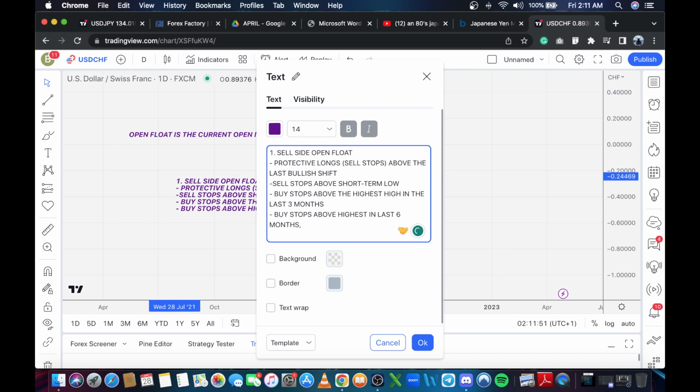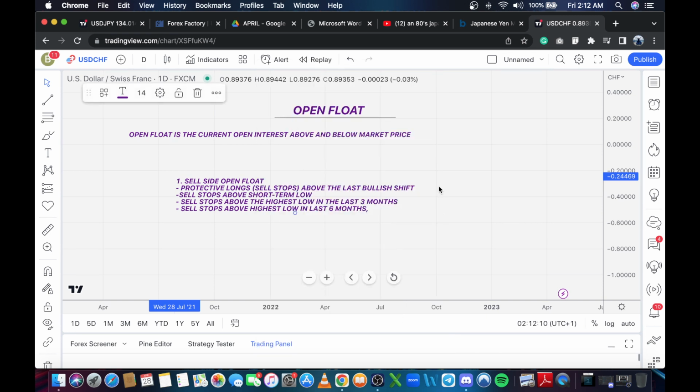Then you're also going to have sell stops. Again, we're just reversing everything for the sell side above the highest low in the last 3 months. Again, sell stops above the highest low in the last 6 months, and that is for sell side liquidity.